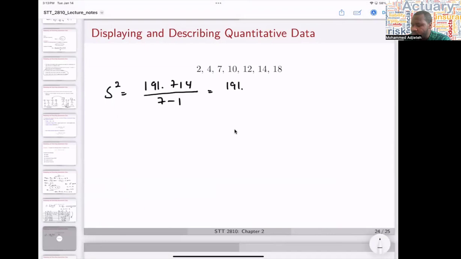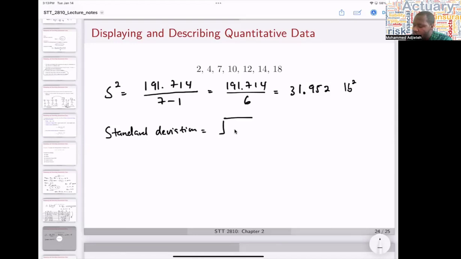So 191.714 divided by 6, and then I got 31.952 pounds squared. If you want to compute the standard deviation, always remember it is the square root of the variance. So anytime we compute the variance, we don't need to worry ourselves with any other calculations.